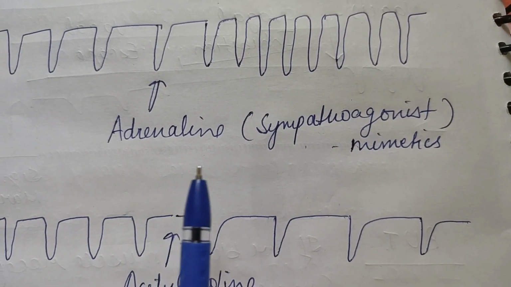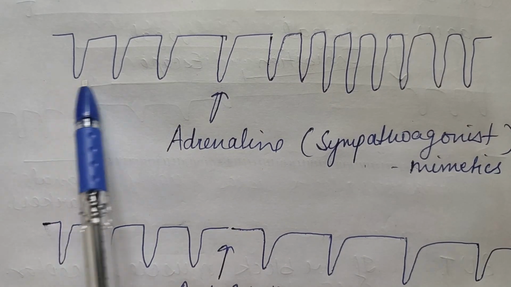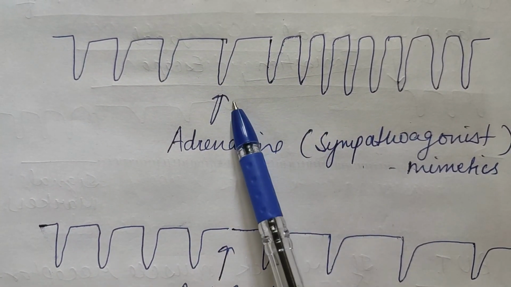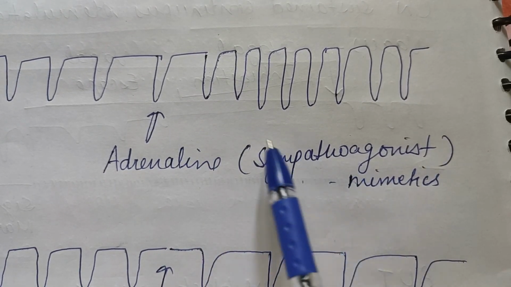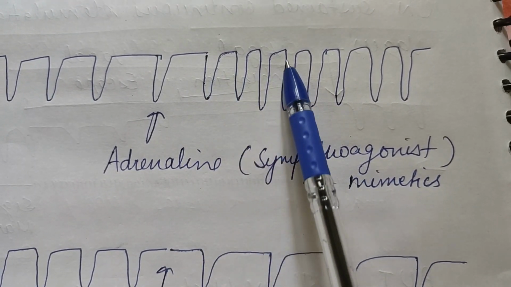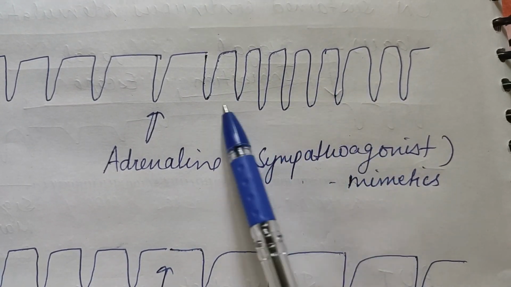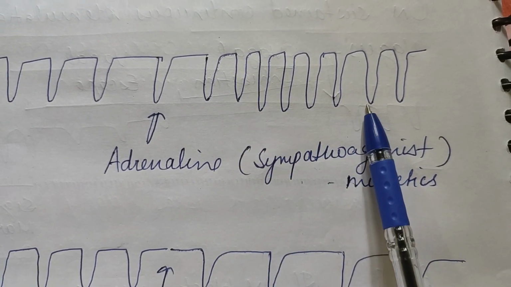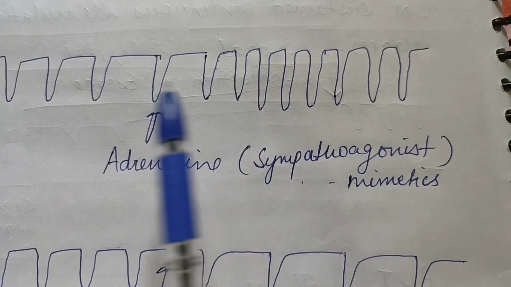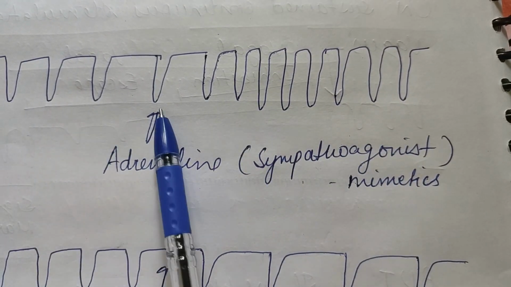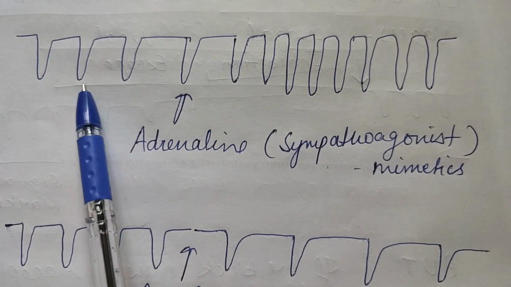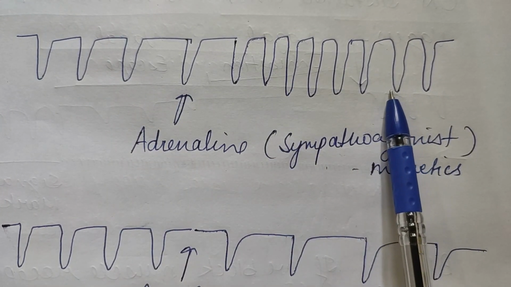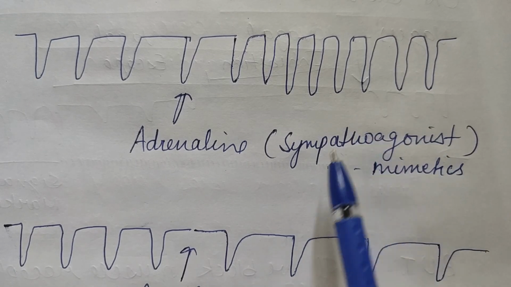The same we are going to study here, that if in the normal cardiogram you give adrenaline, okay, what is the response? So sympathomimetic this is, so there will be increase in force of contraction and the number of peaks will be increased. So increase in rate of contraction, increase in force of contraction, you have to comment this thing only. So the graph will be like this, you can see that ADR will be written and the normal cardiogram will be shown, and then the change will be there. So you have to just comment on the change, that's it.